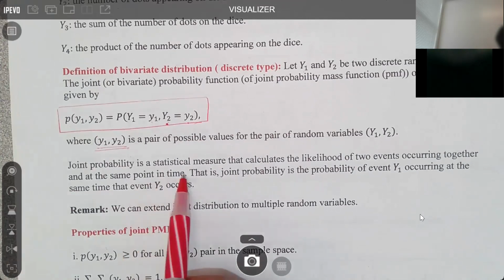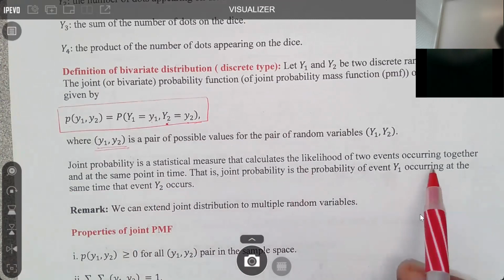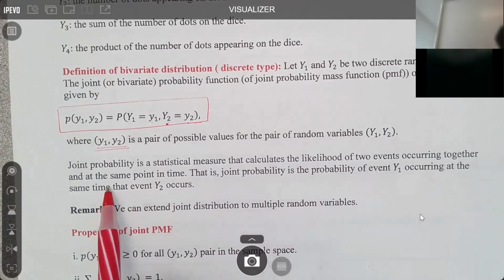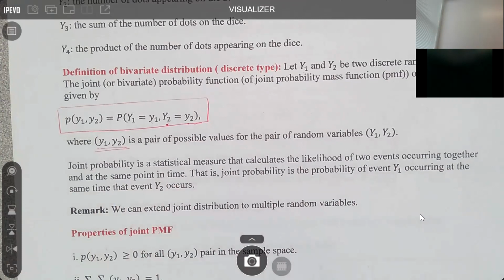Joint probability is a statistical measure that calculates the likelihood of two events occurring together at the same point in time. It's a likelihood because we are dealing with probability. Probability means likelihood, right? It is the chance that it will occur. All the things we are reading about are the probability, the likelihood, the possibility of occurrence, right?